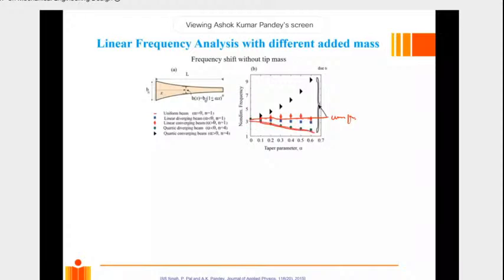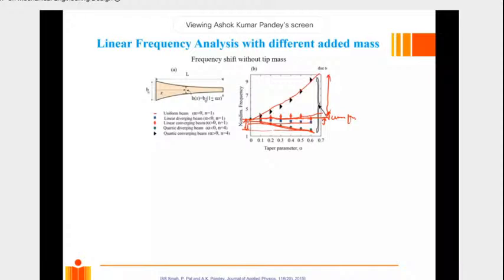So it reduces, right? If it is diverging, it reduces. So you get this much change. For linearly diverging, you get this much change, right? Now, if you take a converging kind of beam, for linearly converging, you will get this much change, and when you take non-linear converging, you get a change which is much more.